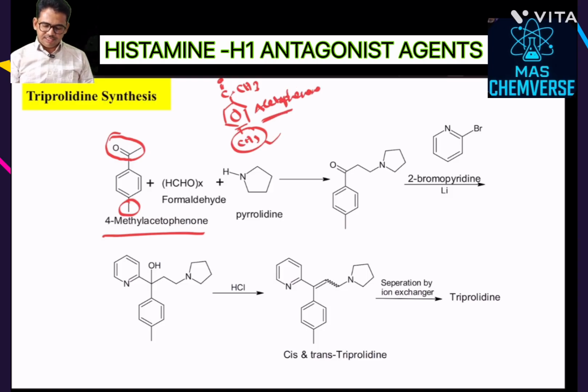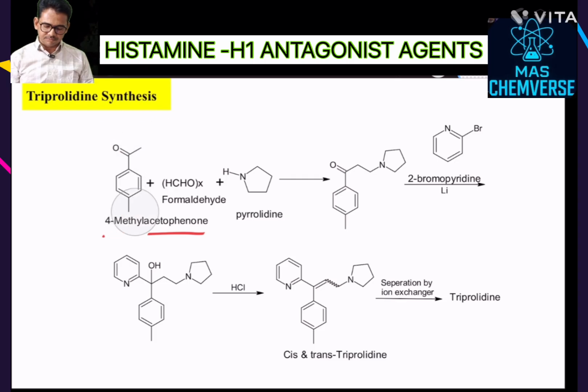That's why it is called methyl acetophenone. See the structure of triprolidine. I can draw the structure of triprolidine first here.